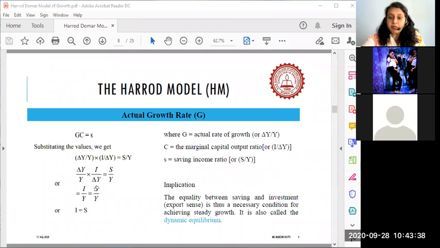When you bring this to this side, y cancels off, and ultimately you're left with I equal to S. Class, you are left with I equal to S, so again we go back to our Say's law of markets, where Say's law of market said ultimately all savings is going to be equal to investment, and here also we get the same relation, I is equal to S. Only thing is the approach is different.